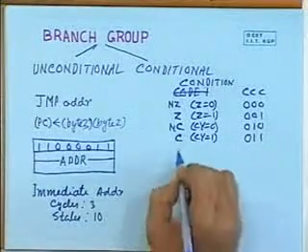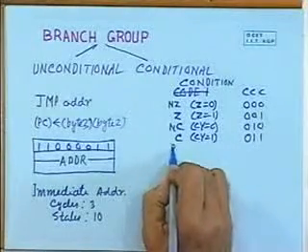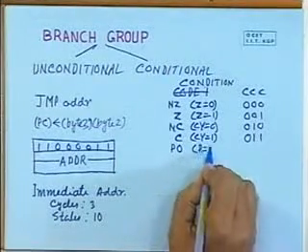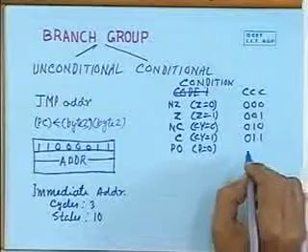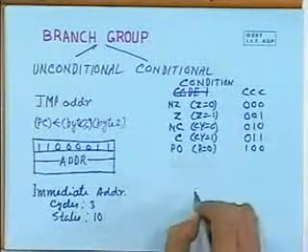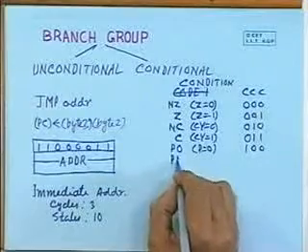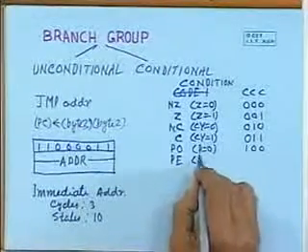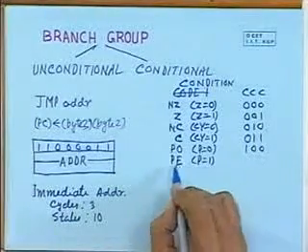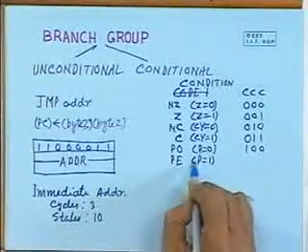Whenever the parity is odd, then parity bit is 0, and for these 3 bits the code will be 1, 0, 0. When the parity is even, then P is equal to 1.